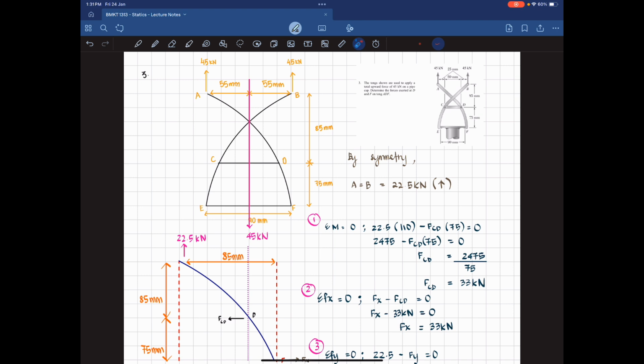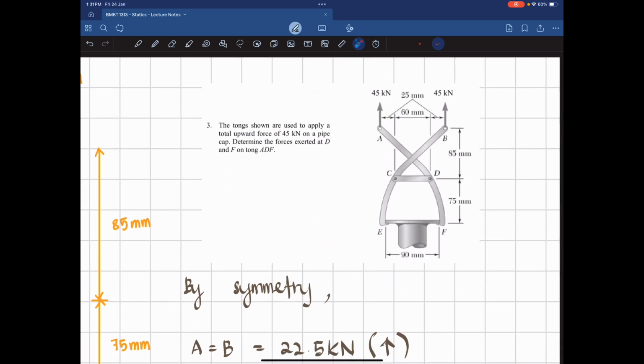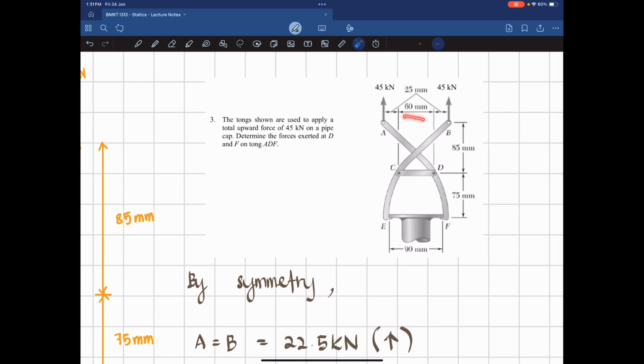The center part is 60 millimeter, and the left side and the right side are 25 each. So we add 60 plus 25 plus 25 and get a total of 110, then divide 110 by 2 so that we get the equal amount at the right and left side. So we get 55.